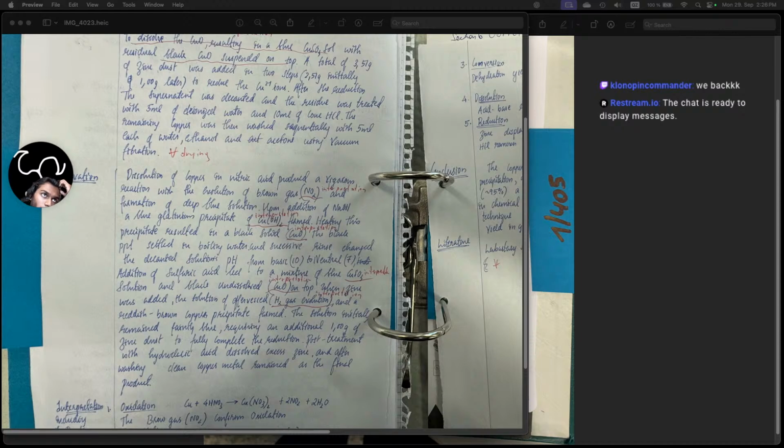The solution of copper and nitric acid produced a vigorous reaction with the evolution of brown gas, which you should not breathe.